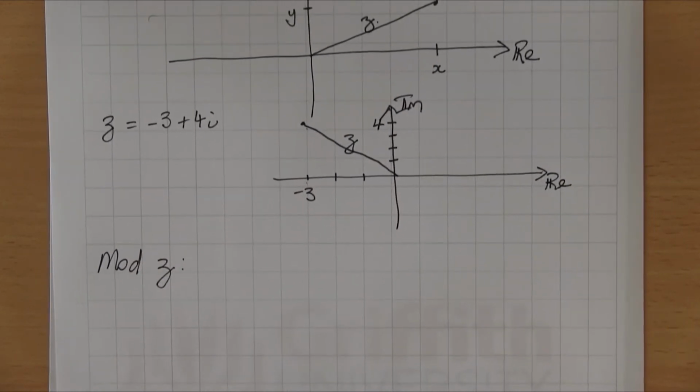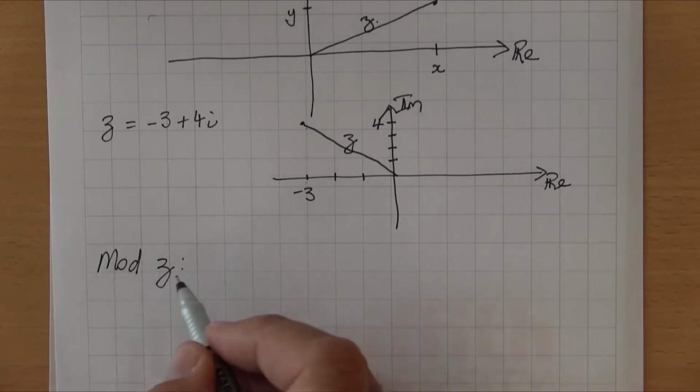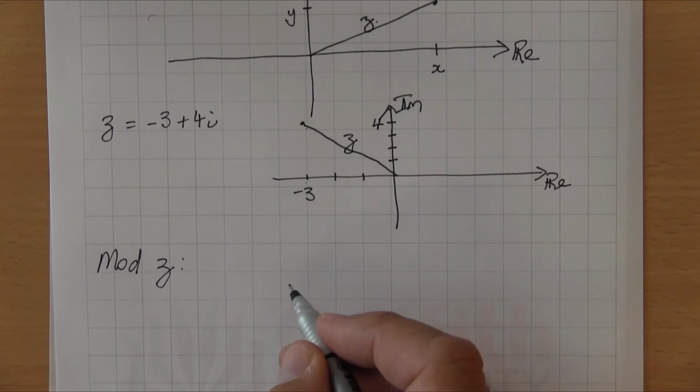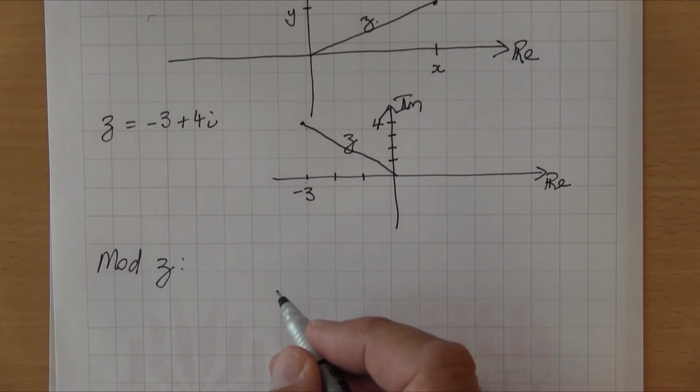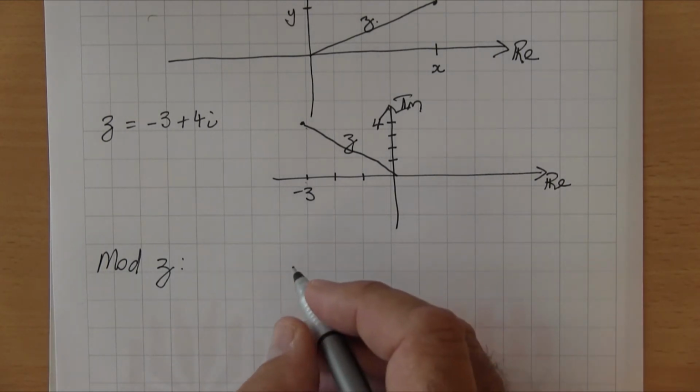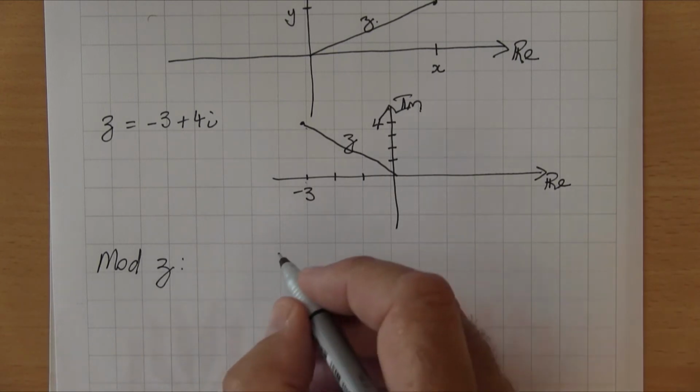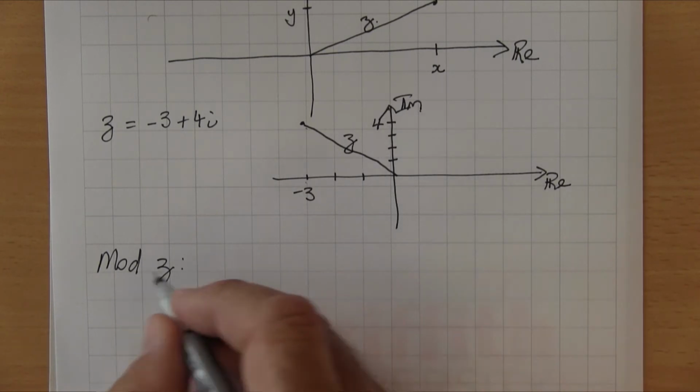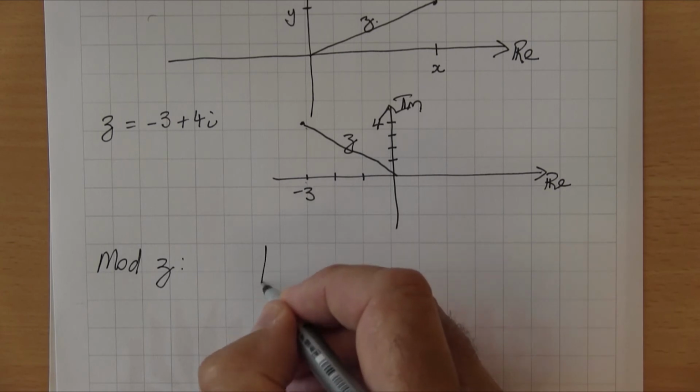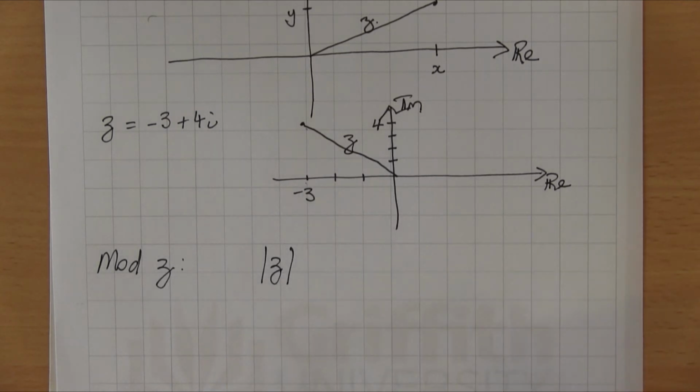Moving on from that, we need to come up with a definition of what mod z is. Mod z is sometimes just the length, the magnitude of z, or also called the absolute value. So a shorthand way of writing, we can either write mod z like that, or we can write that as an abbreviation for mod z.